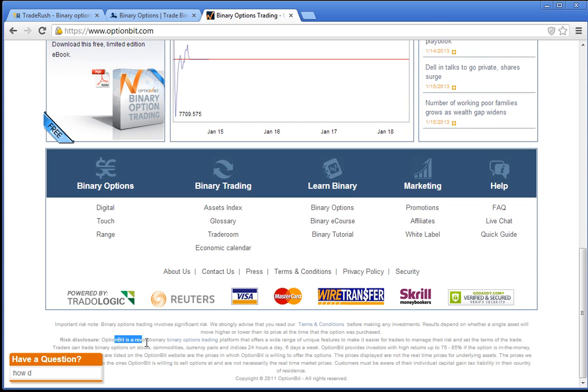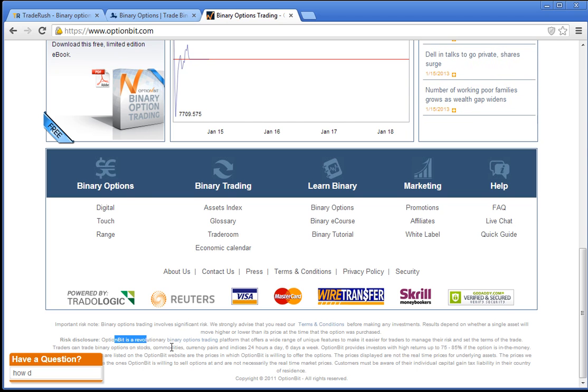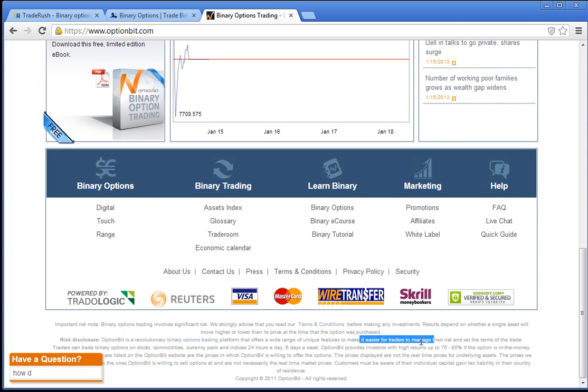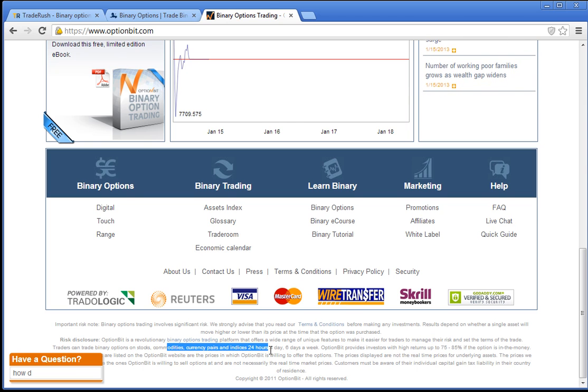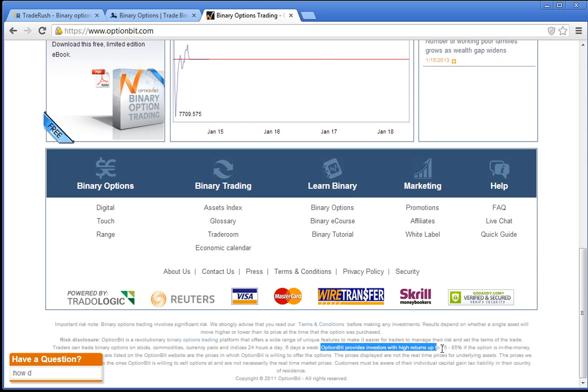It talks about how this is revolutionary, makes it easier for traders to manage their risks, etc., etc., etc. Nothing specific. OptionBit provides investors with high returns up to 75 to 85% if the option is in the money. In the money is essentially when you get it right. If you say call, then it turns out that the value did go up, and put, the value actually did go down.